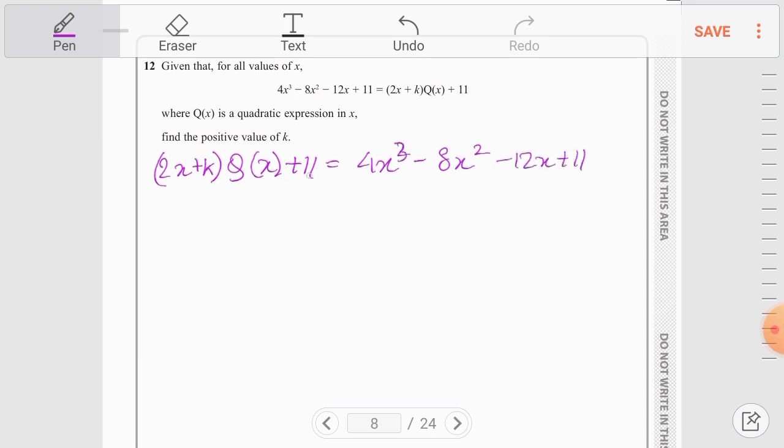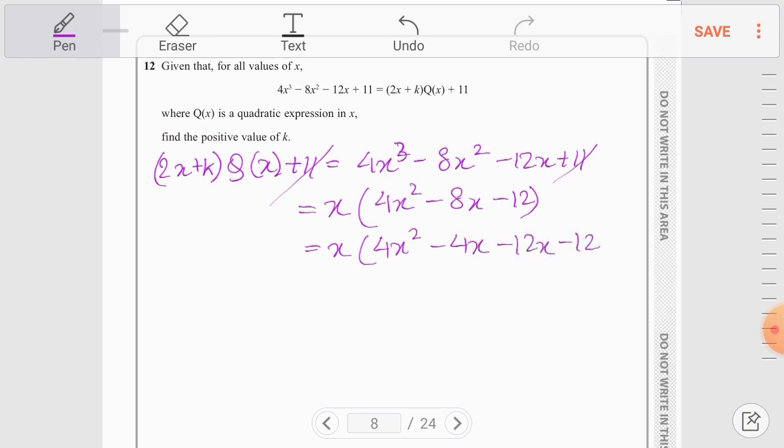We can already see that the 11s will get cancelled out because they are both in just numerical form, so we can easily cancel them. And then as we can see that x is common between all the terms, so we can take x common, and it would look like 4x squared minus 8x minus 12. And now we just need to middle term factorize it. That is 4x squared plus 4x minus 12x minus 12.